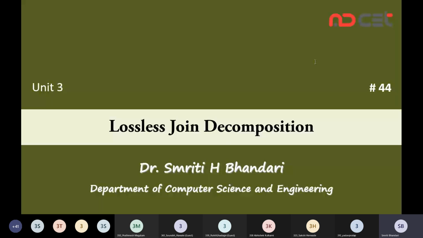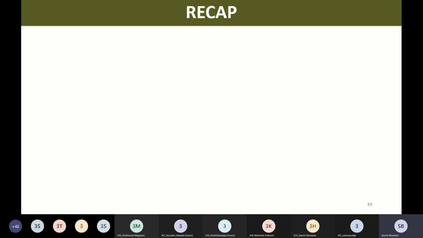In this unit, we are talking about normalization. Under normalization, we have covered so far a few concepts, like we know now the meaning of functional dependency. We have seen various types of dependencies.